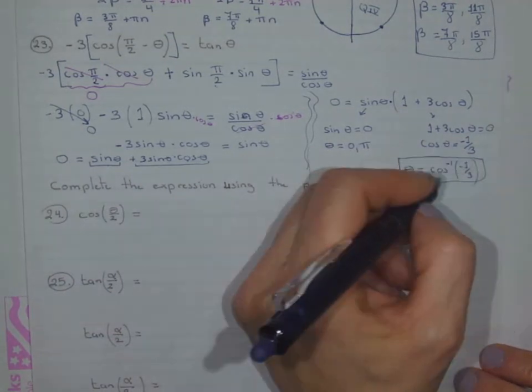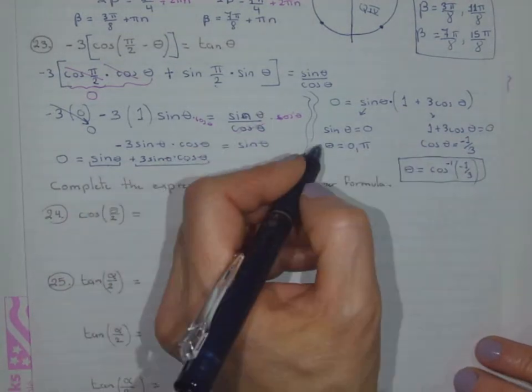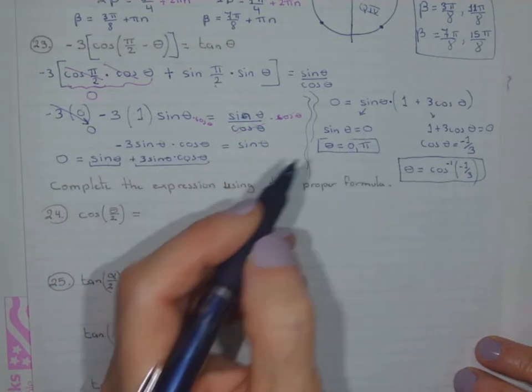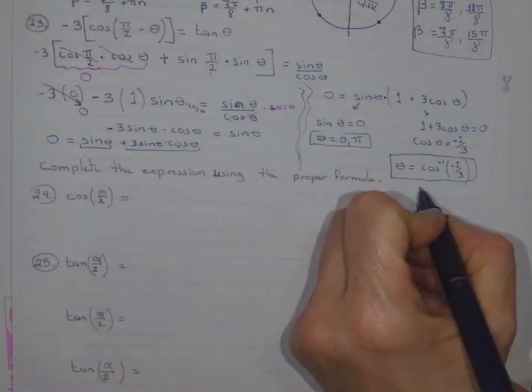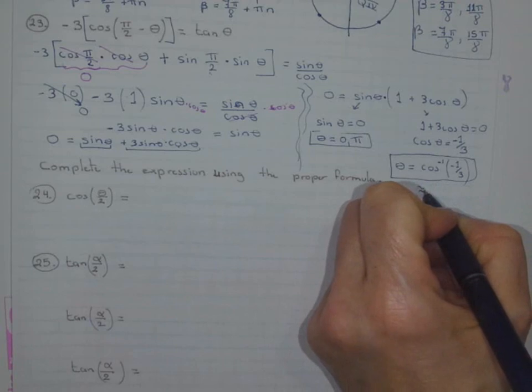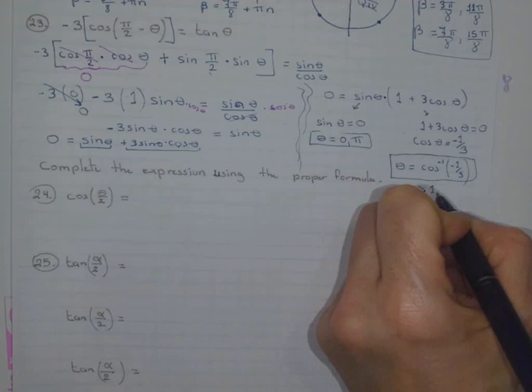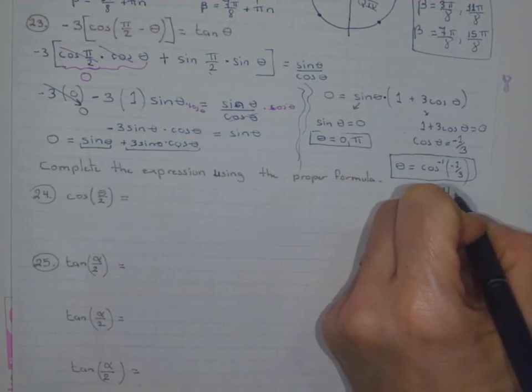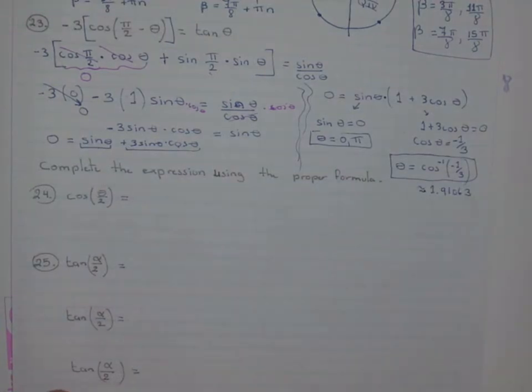If you put this in your calculator, you're going to get a decimal approximation, but I like the exact answer, so we're going to leave it like that. But technically, your calculator will give you about 1.91063, okay?